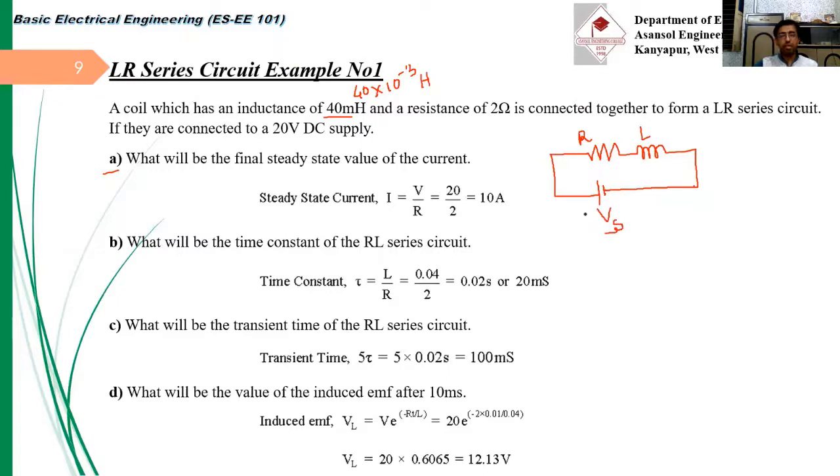Now the steady state value is reached at t tends to infinity. At t tends to infinity, the inductor will act as a short circuit.